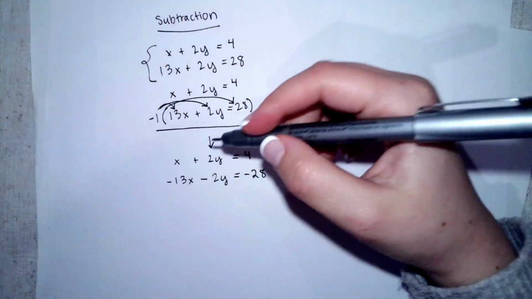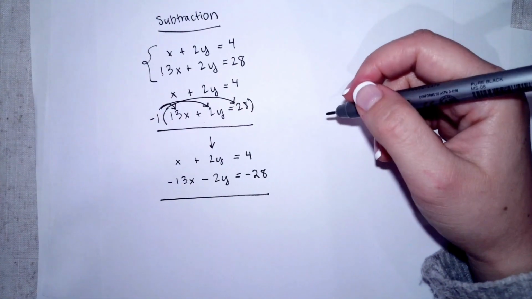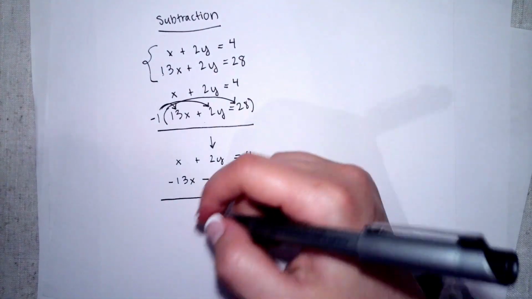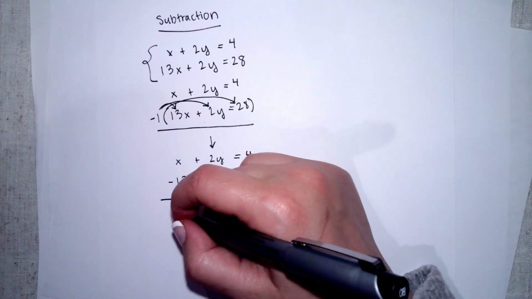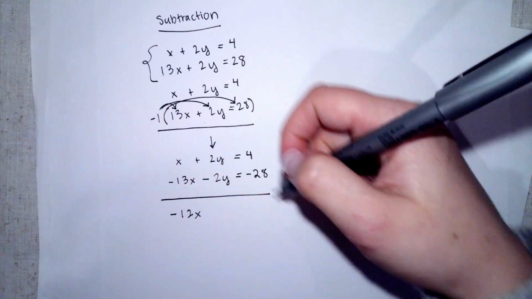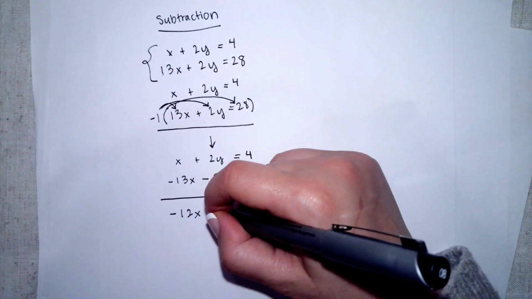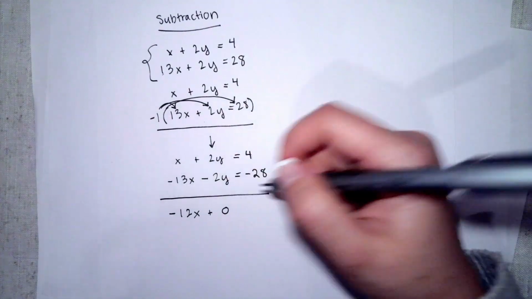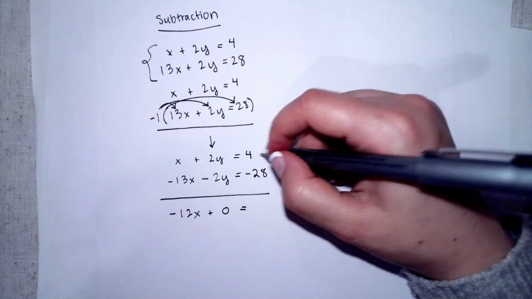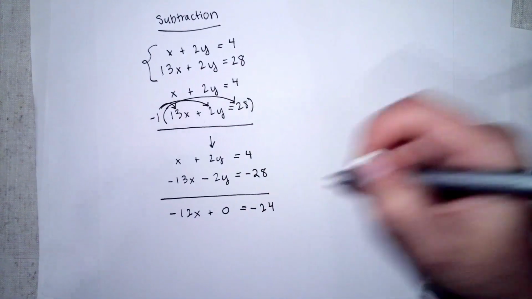So we're going to go ahead and subtract these. So x minus 13x gives us -12x. 2y minus 2y, it's going to give us 0 because it's positive and negative, so it cancels out. Okay, and then we have 4 minus 28, that's going to give us -24.